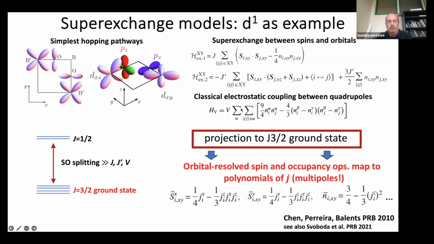So one sees that spin, in the initial spin orbital manifold containing 6 states, within J equal 3/2 transforms into some combination of total angular momentum and octupole. And charge actually maps into the square of angular momentum, which is quadrupole. So this is how this projection onto the ground state naturally leads to the appearance of multipoles.